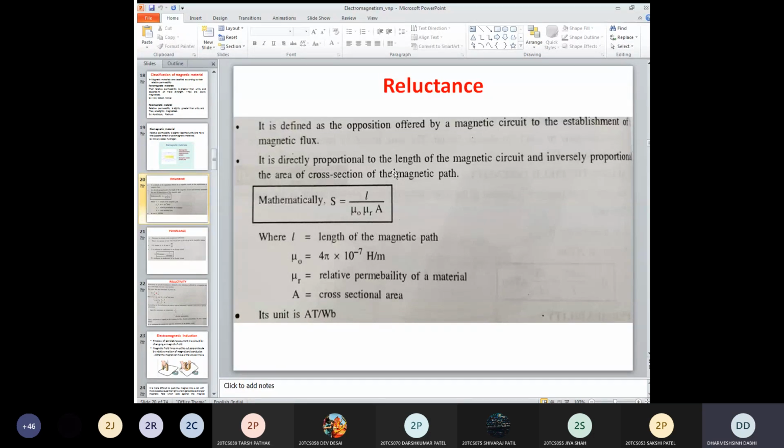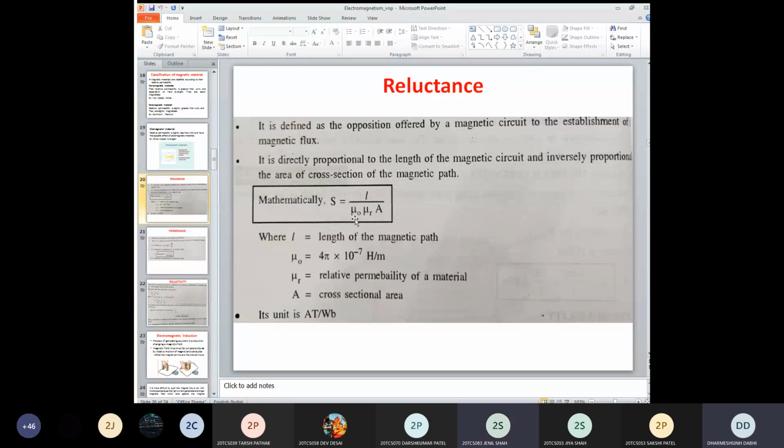Same as in the electric circuit, the property of a resistor is to oppose the flow of current. Same way here, reluctance provides opposition to the magnetic flux passing through the magnetic circuit. Okay? Its equation is S equals L divided by nu 0 nu R into A. L is the length of the magnetic flux path.